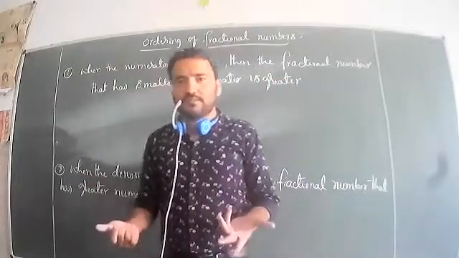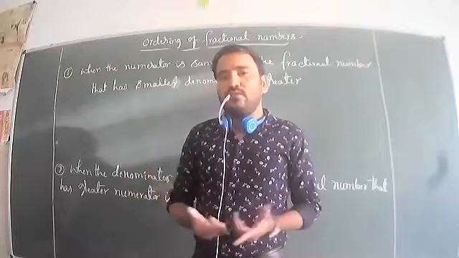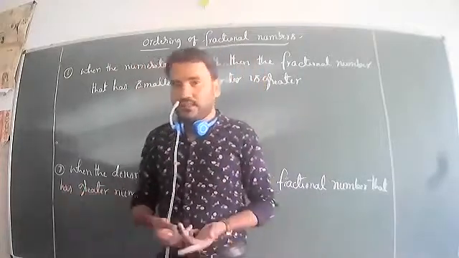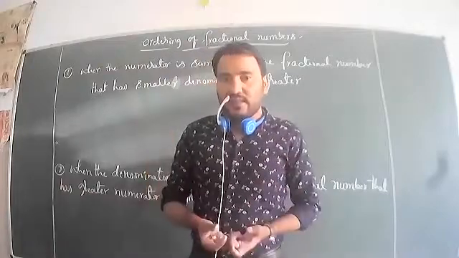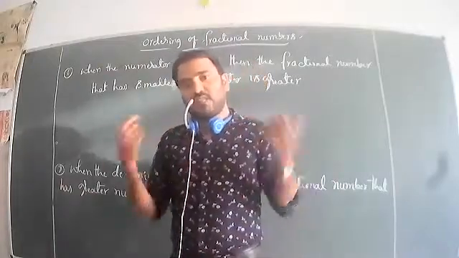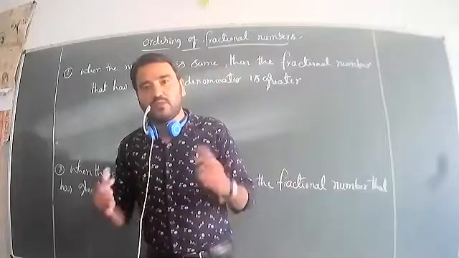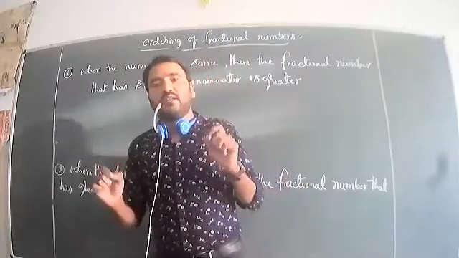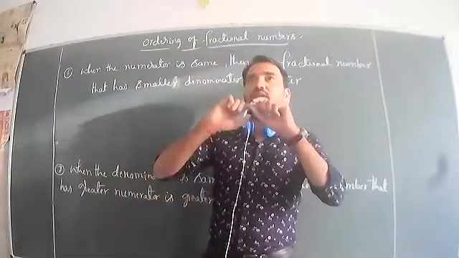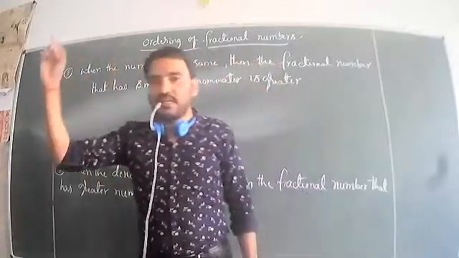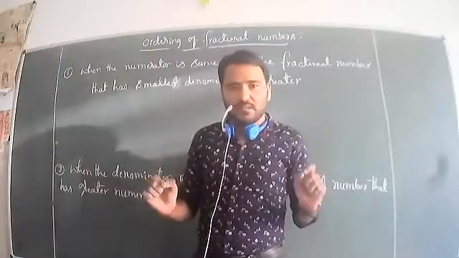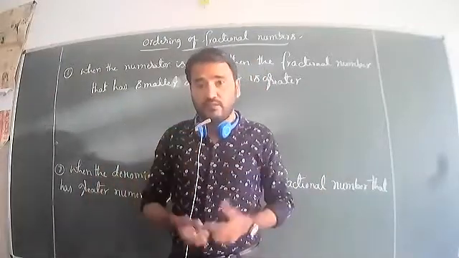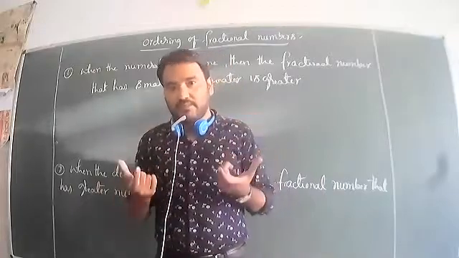I have already told you about like fractions and unlike fractions. Like fractions are when the denominators are the same, or when the numerators are the same. In the third standard, only this comparison is asked, when the numerators are the same or the denominators are the same. In the fourth standard, different denominators and different numerators will be given.